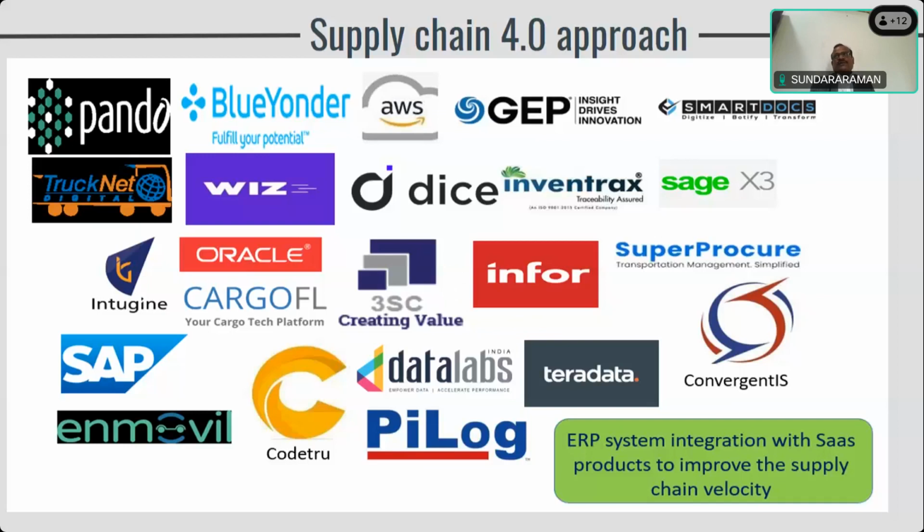So Industry 4.0 is very important, that we need to go digital for taking decisions and a faster approach. And depending upon the budget, I'm sure it's a very important point that we need to do. So most of the players are in the system right now. They are working with various customers and ensuring that they are creating a win-win situation for both organizations. So a basic ERP system with a SaaS product to improve the supply chain velocity.